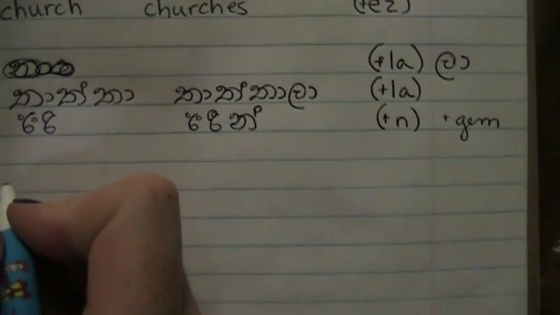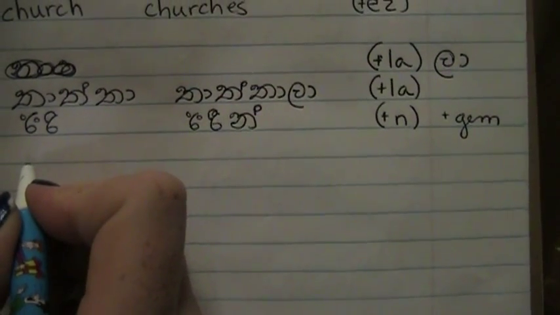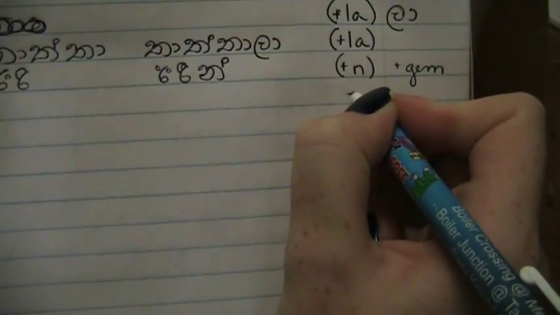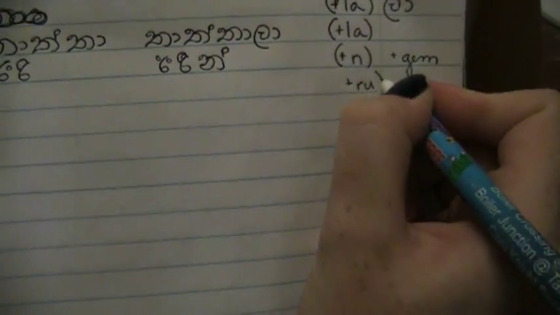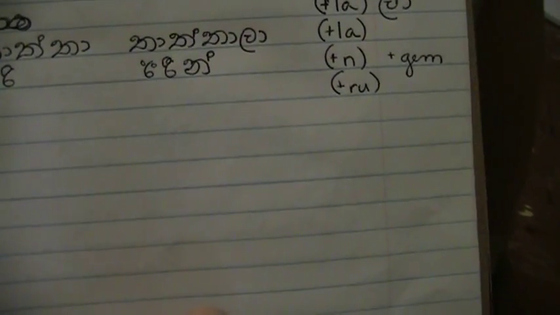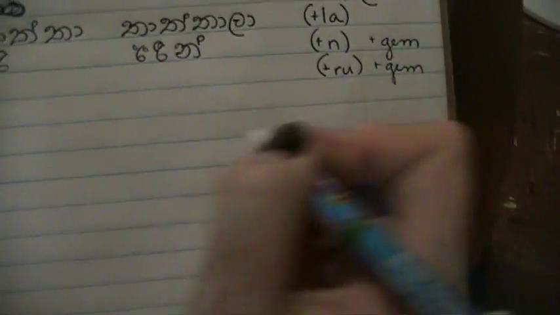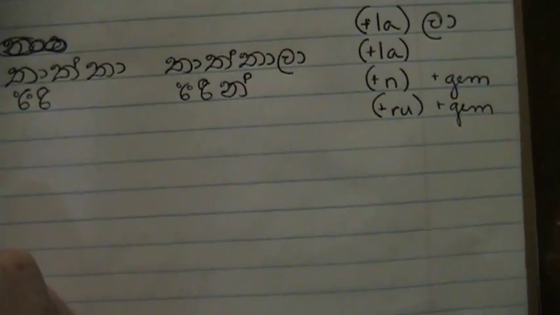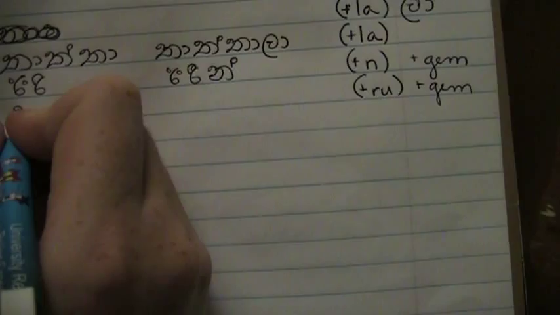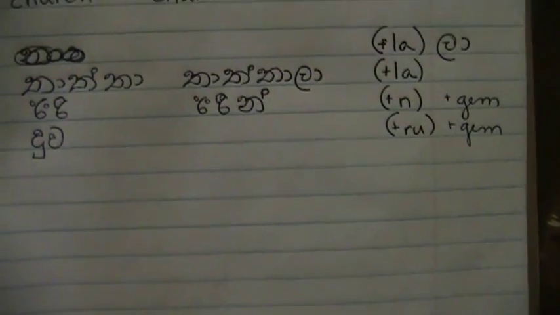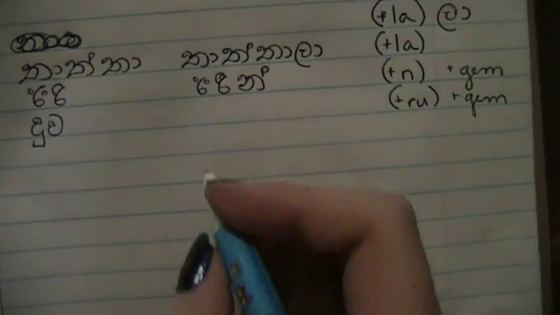The third rule for additive in Sinhala says that you add ru at the end, and also there's gemination. An example of this pattern would be duwa. Duwa means daughter.